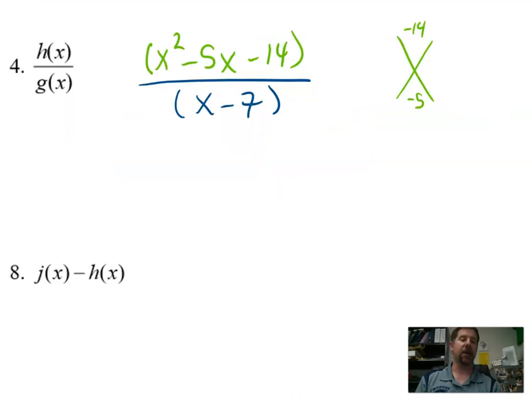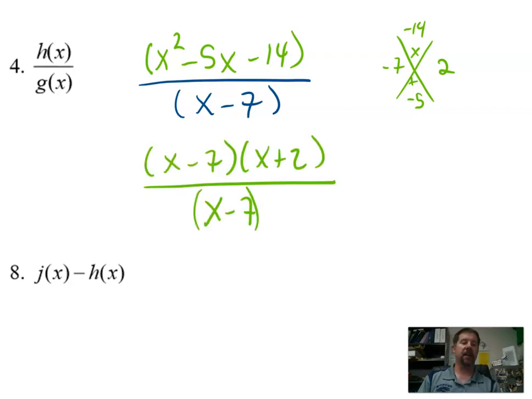There's an easy trinomial, so things that multiply together to give me negative 14 and add together to give me negative 5 are negative 7 and 2. So this is going to factor to x minus 7 times x plus 2 over x minus 7. And now again, if I have the same thing on the top and the bottom, I can go ahead and kill it. So my simplified answer would just equal x plus 2.